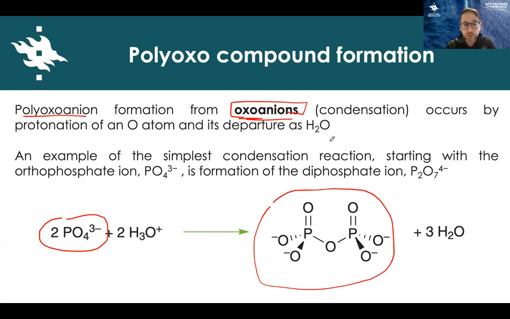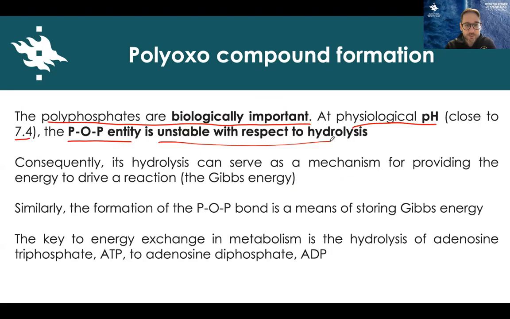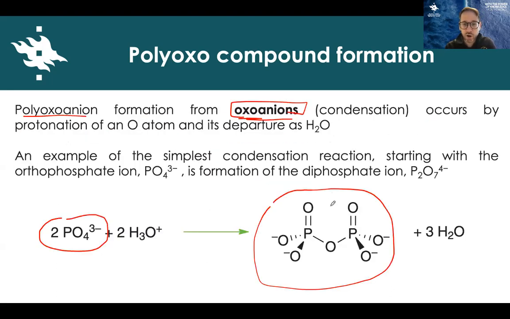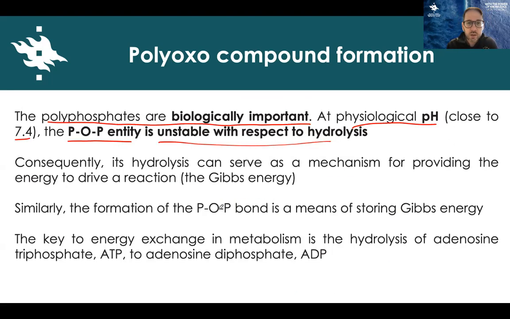The hydrolysis reaction is the opposite of the condensation. So at this physiological pH, this entity is unstable with respect to hydrolysis. Consequently, this hydrolysis then serves as a mechanism to provide energy to drive a reaction.